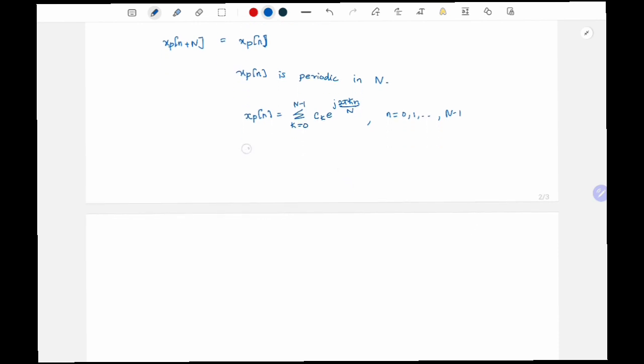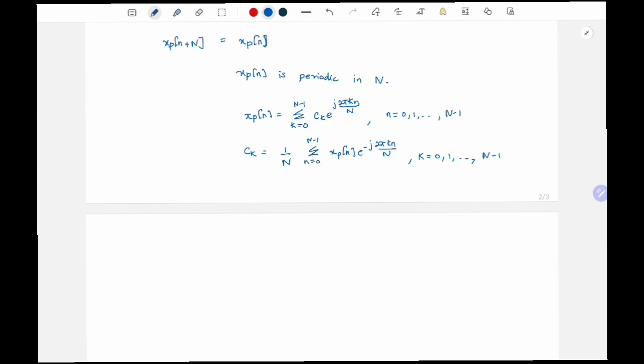So from this, if you want to find ck, what will be that thing? It will be 1 by N summation n equal to 0 to N minus 1 xp of n e power minus j 2 pi k n by N. And here your k is equal to 0, 1 to N minus 1.